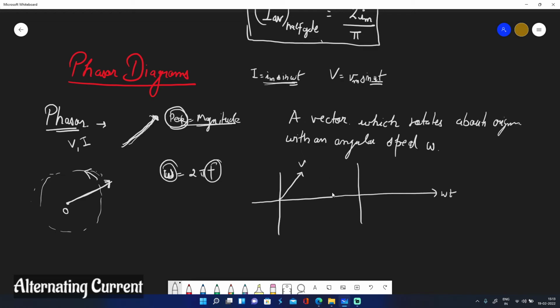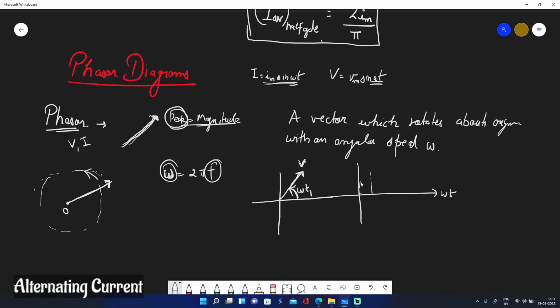Okay, these are separate. And at a particular time t1, say this is the angle subtended by the V phasor. This is a phasor. Angle is always taken anti-clockwise. So this tip is nothing but the value of that phasor at this particular moment.